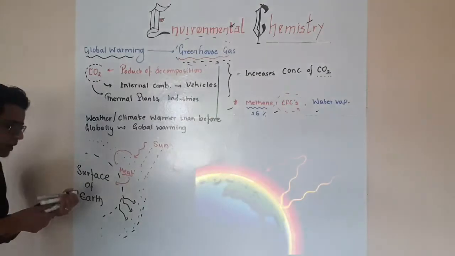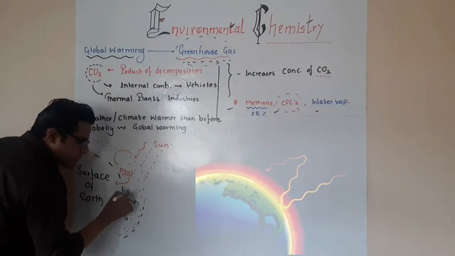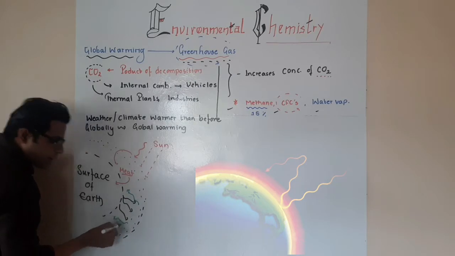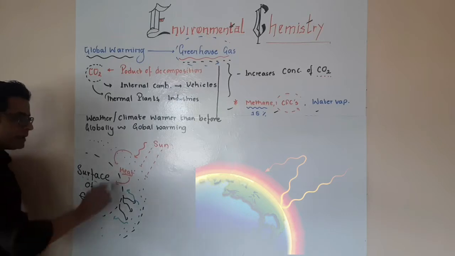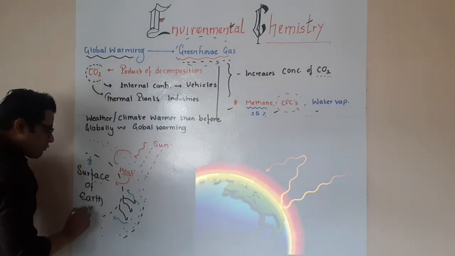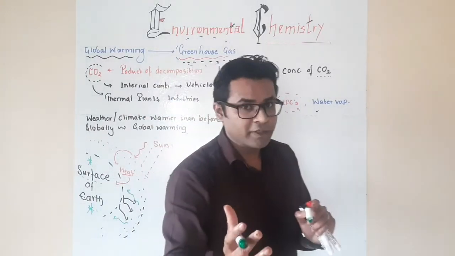Apart from this, it reflects a part of this energy as heat back to the surface of earth, due to which the temperature of earth goes on increasing. So this is how it all works.